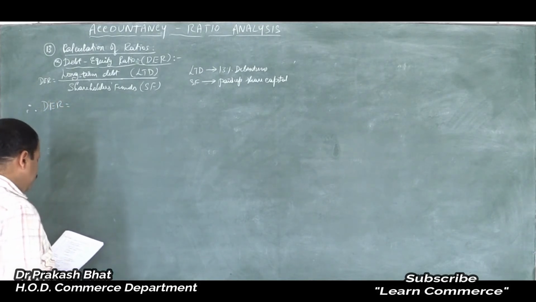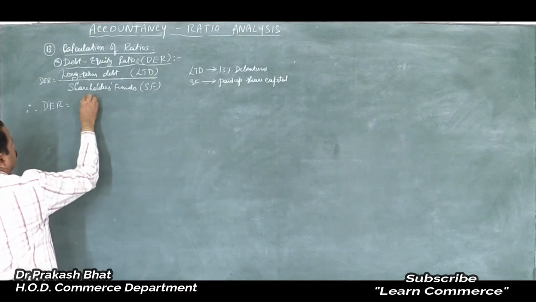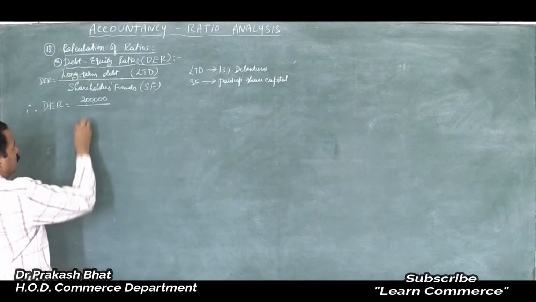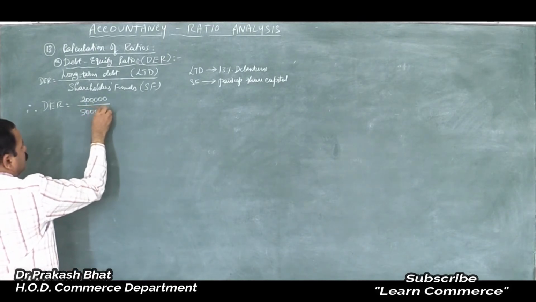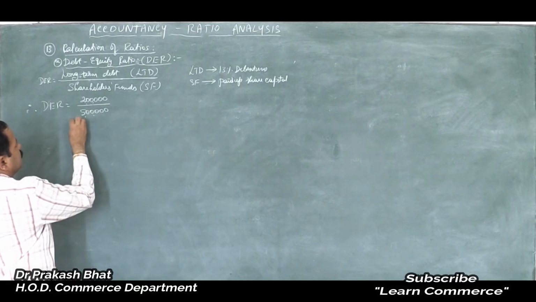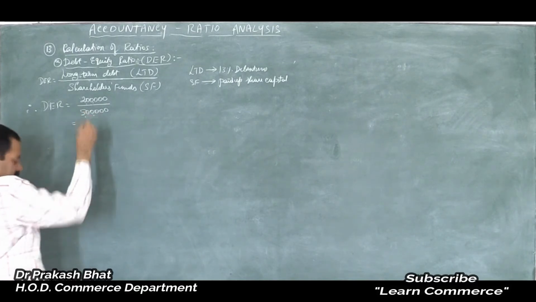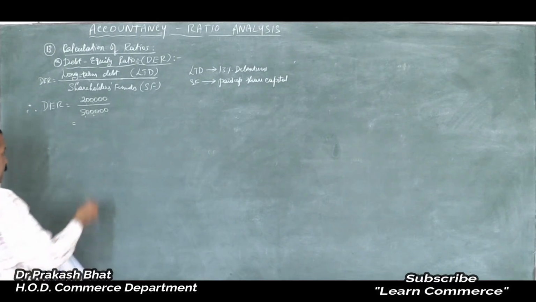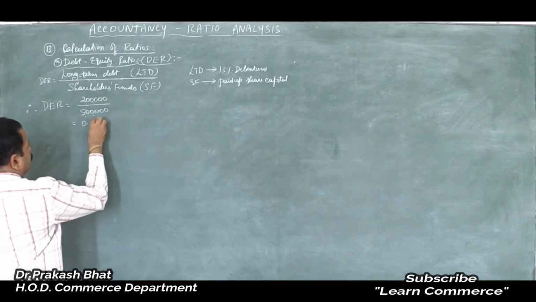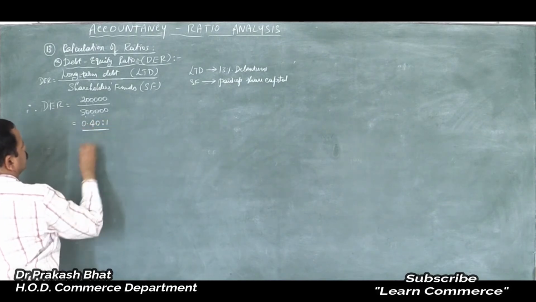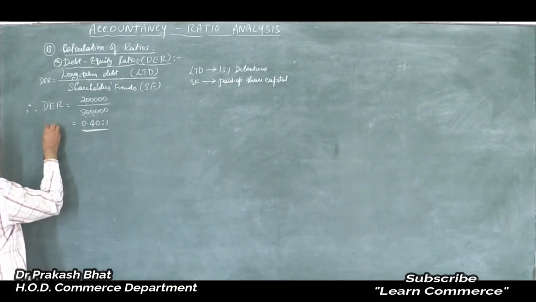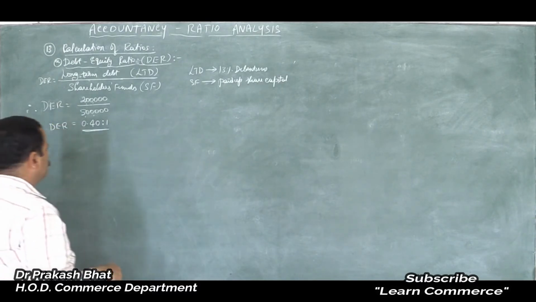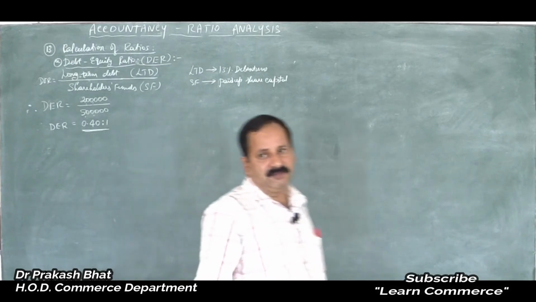DER is equal to 2 lakh divided by 5 lakh, which is equal to how much? 0.40 is to 1, right? This is what the ratio is. Therefore, DER is equal to 0.40 is to 1, is the answer.